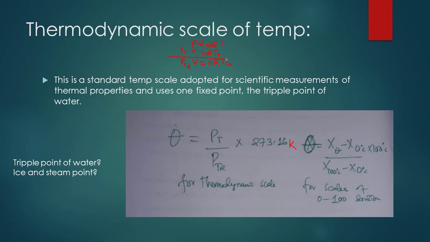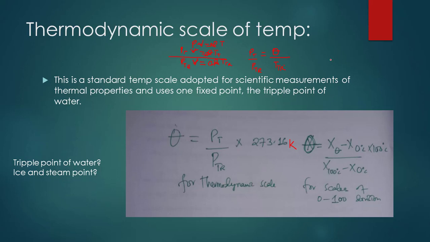If we divide the two equations, the volume cancels and nR cancels. So we remain with the pressure at the temperature being measured divided by the pressure at the triple point, equal to the temperature theta we are measuring divided by the temperature at the triple point.